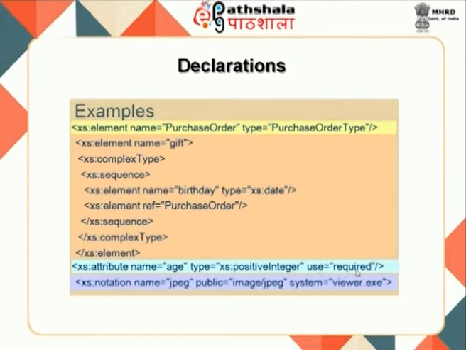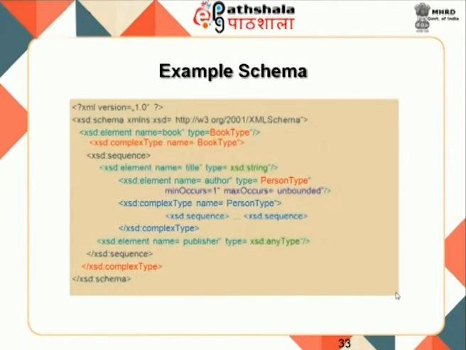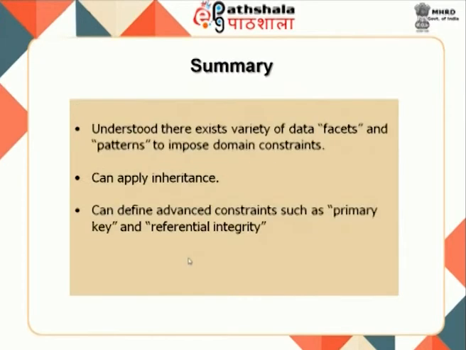You give the keyword as required, and here is where you have defined a notation, and you have said viewer.exe. So this is a simple XML schema. It starts with the XML version, then the schema definition, the element declarations, attributes and so on.